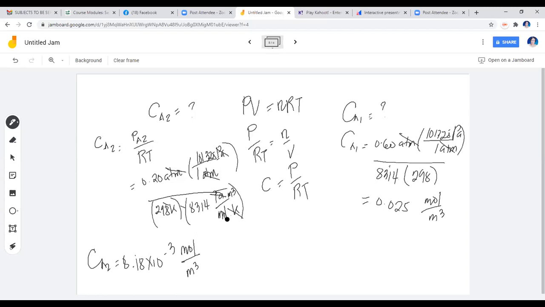The 8314. Wait lang. This will not take long so that our units will be acceptable. The R is the R. 8314. Okay, class. So I stand corrected.